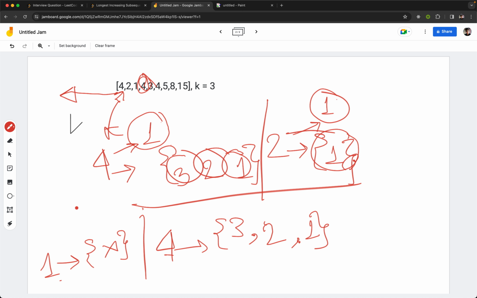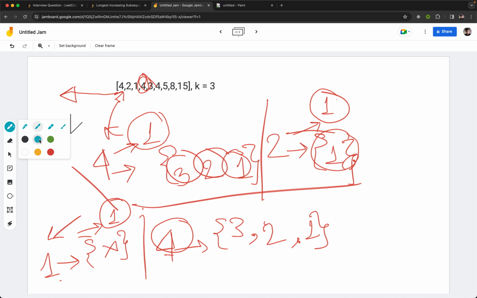Now again see, when we are at index 2, that is the value was 1, we cannot choose any element, so again in this case the maximum length is 1. Alright, now when we are at 4, that is this index, let's change the color a bit, what is our maximum length?